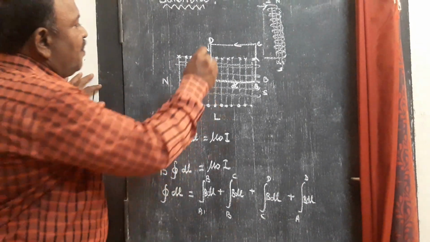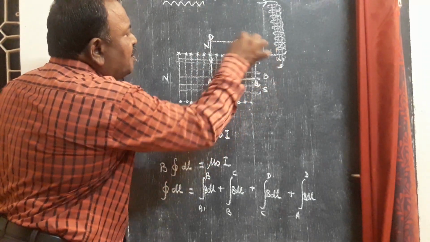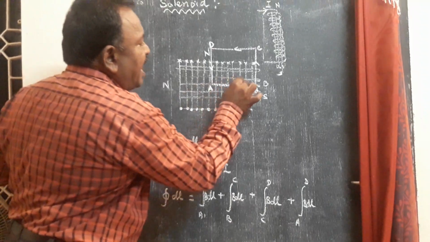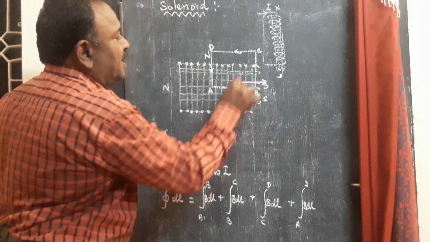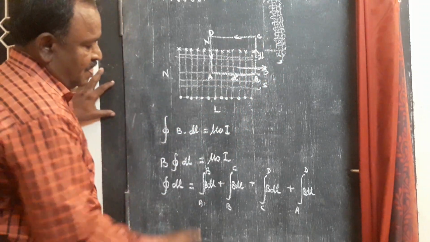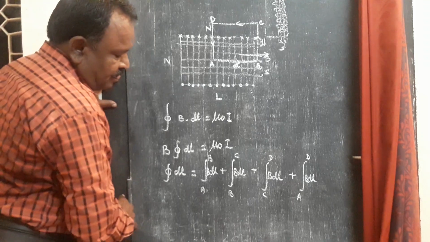Now, when you consider the line integrals B to C and D to A, the magnetic field and dl are perpendicular.